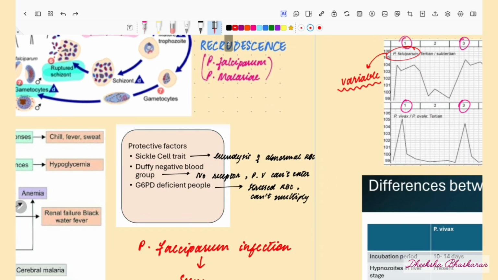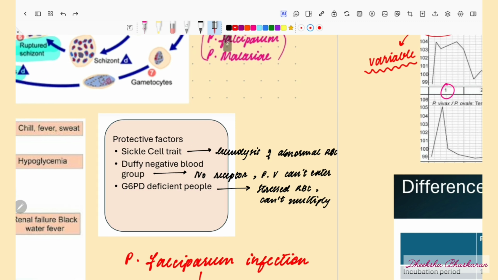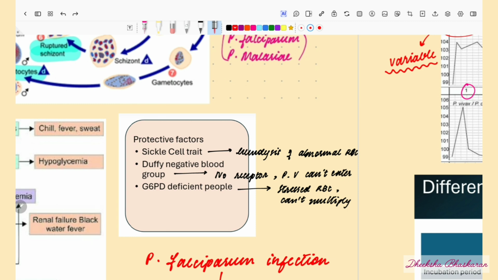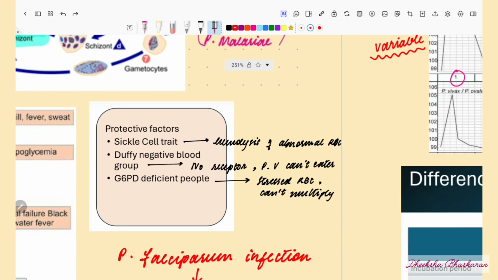Protective factors. We know there are certain protective factors to this disease, meaning the person with all of these things cannot get the disease, or gets a milder form of the disease. Is sickle cell trait. In sickle cell trait, there is abnormal shape of the RBCs. We know these abnormal sickle shape cells undergo hemolysis.